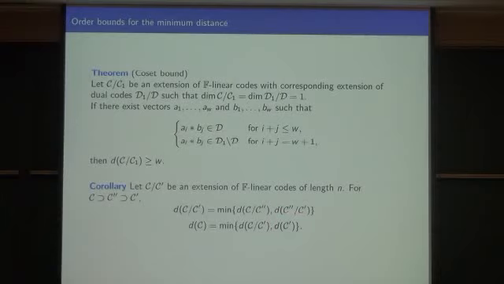And if you want to find the minimum distance of the whole code, you could always find the minimum of these two. When we say the distance of the coset, this means the smallest weight outside of C prime, and this is the smallest weight inside C prime. So it covers the whole code. So you could always divide it like this.